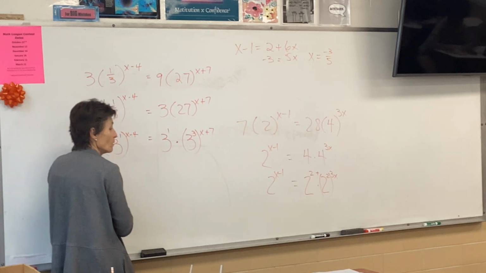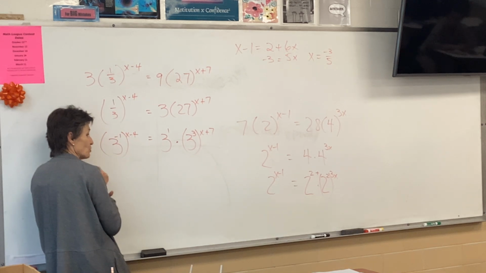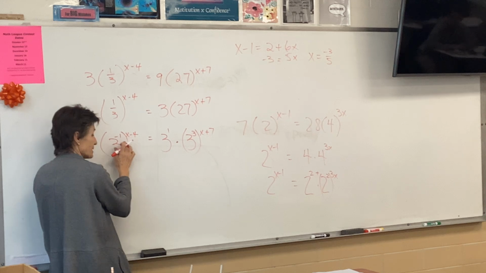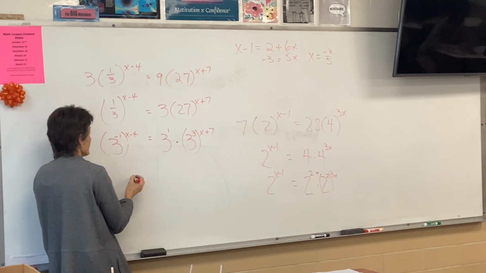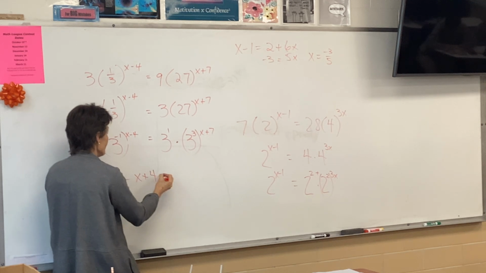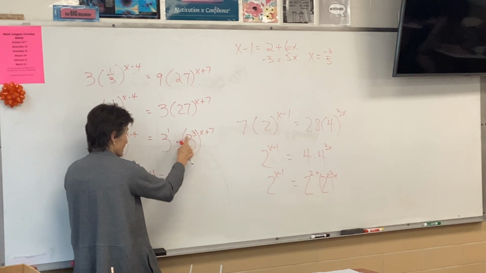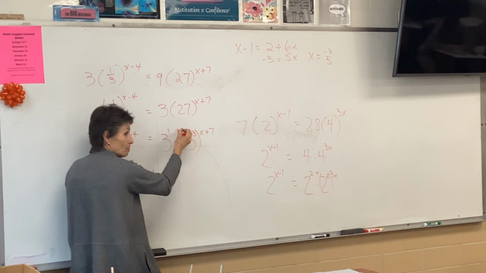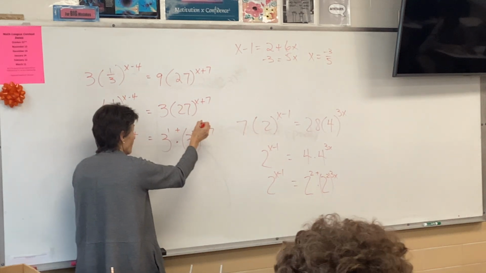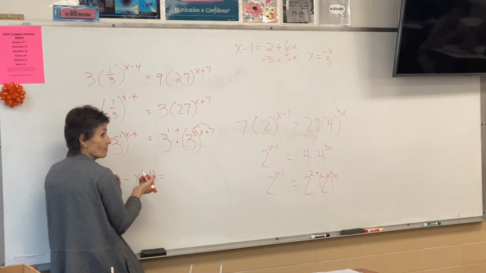So what do my exponents look like? Be really careful, make sure you're doing the right operation. This is going to be times, so negative x plus 4. What's happening over here? This is going to be plus, but this is going to be times.